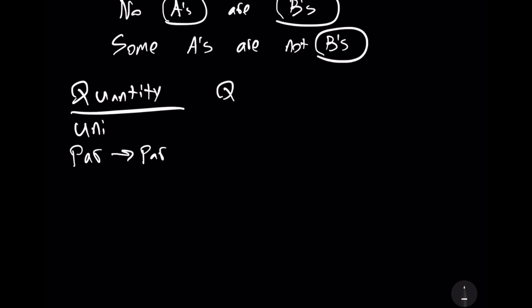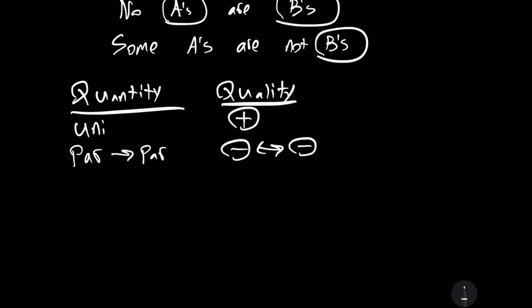We then have quality. We know that we need at least one affirmative proposition, and also that if we have a negative premise, we have a negative conclusion, and if we have a negative conclusion, then we have a negative premise, one negative premise. And then there's distribution.